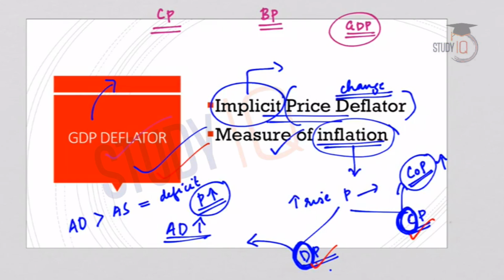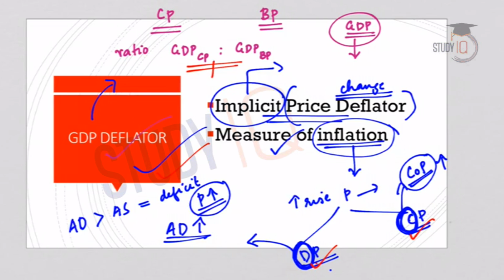So, GDP is the monetary value of goods and services produced within an economy in a financial year. The GDP deflator is the ratio of GDP at current prices to the GDP at base year prices or constant prices. So, this is GDP deflator.